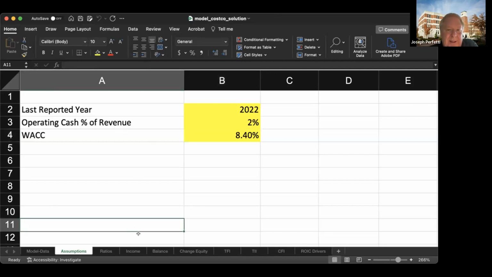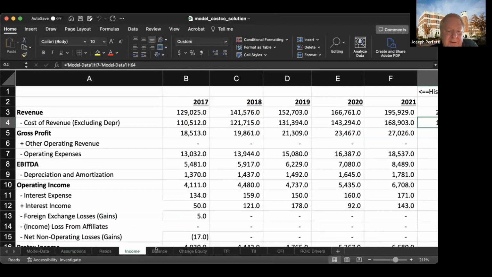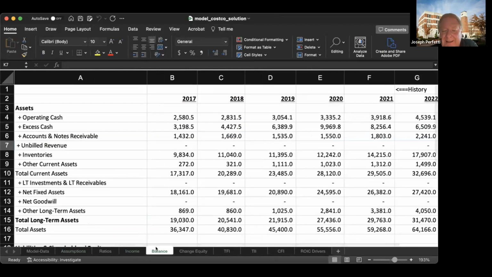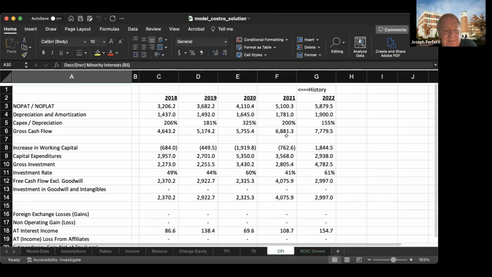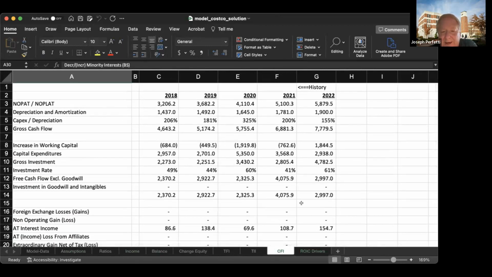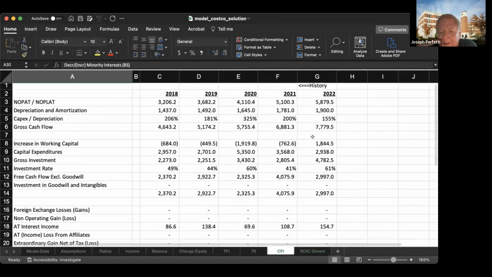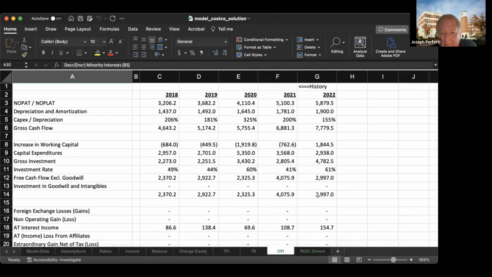What you did this week, and I'll start with Costco, is your file had the income statement and balance sheet in a standardized format. Your goal was to create this ROIC tree and this CFI through free cash flow. I wasn't asking you to balance it, but just to at least get through the free cash flow on the CFI statement. That was the homework assignment, which we are going to cover. In the solution file that I'm giving you, it goes a little further.